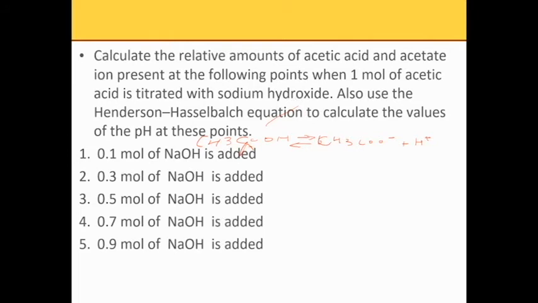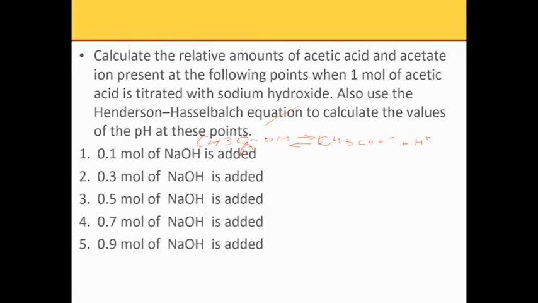So based on these ideas, you will be able to calculate the pH, because each weak acid has a certain pKa, and all you need to do is calculate the pH.